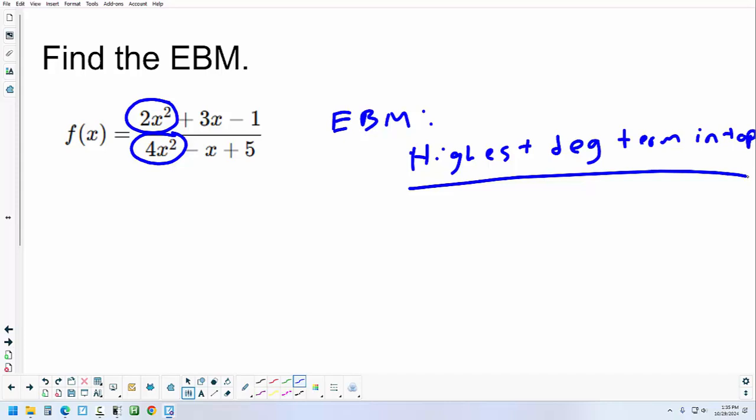The bottom has an x squared. What is it again? 4x squared. Okay, so the highest degree term in the bottom is 4x squared.